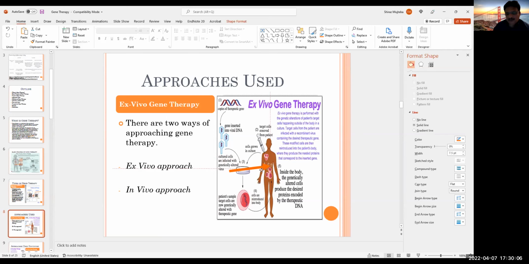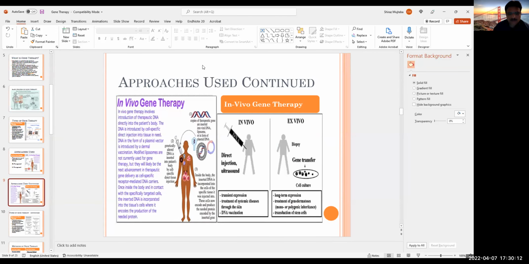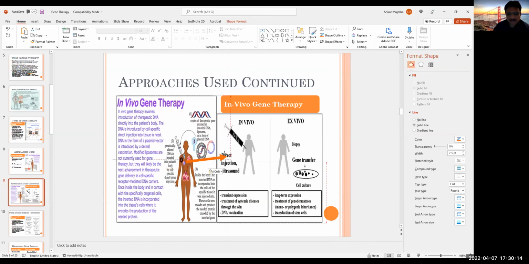So ex vivo is when you take the cells out into the lab. In vivo therapy means it is directly given into the body. The genes are directly injected. So it could be injected into the spinal cord, into bone marrow. So in vivo versus ex vivo is the approach.